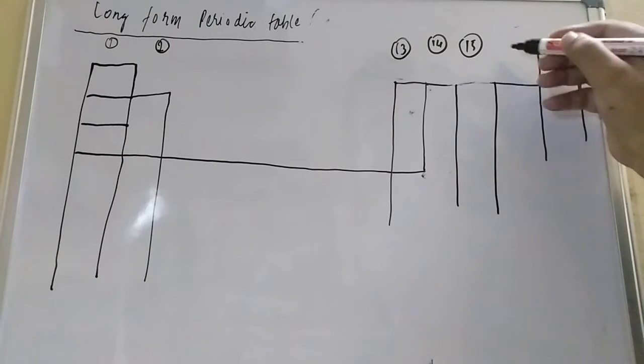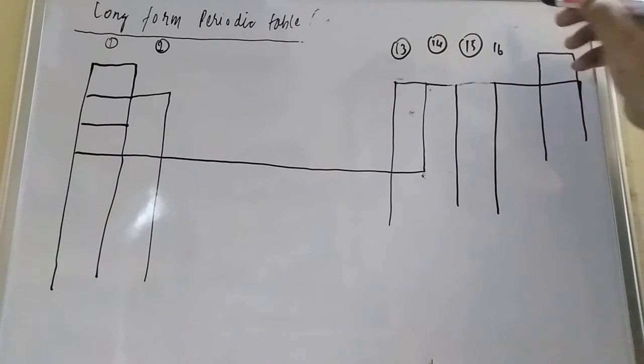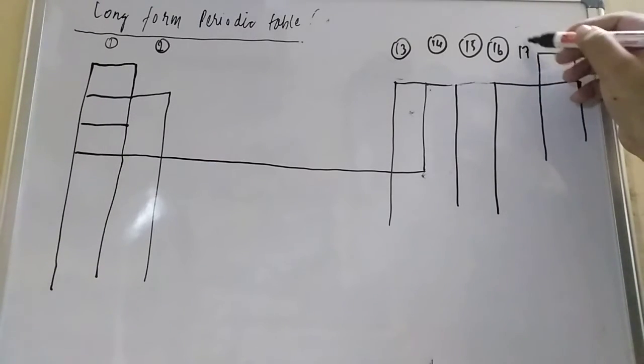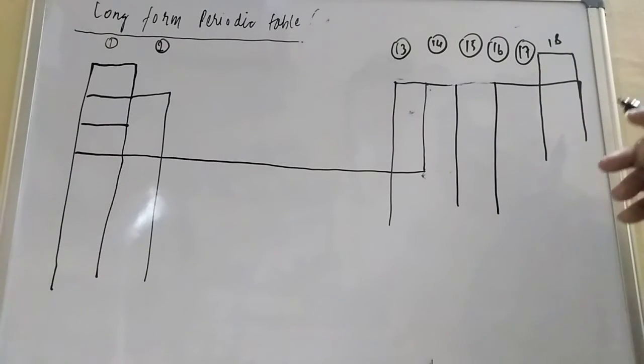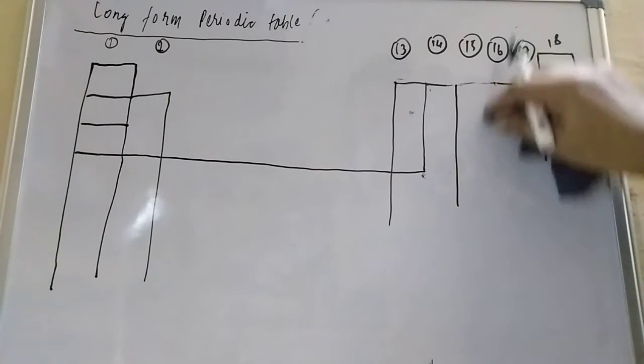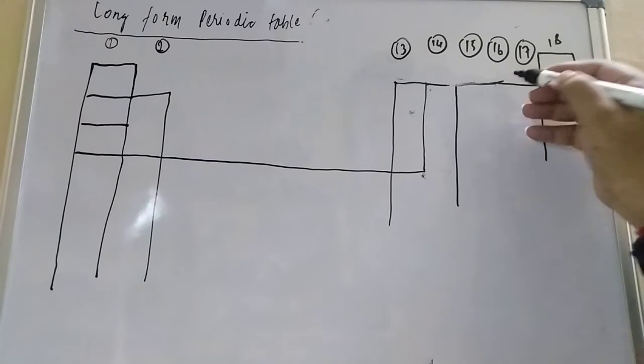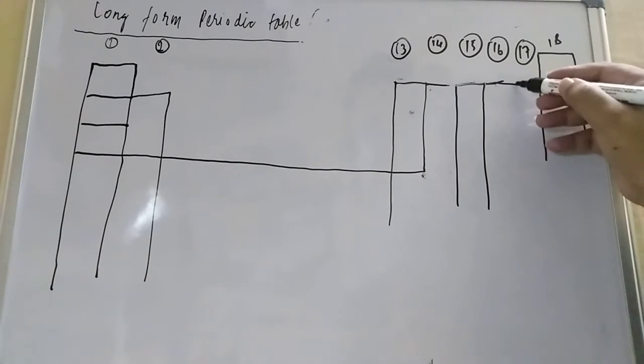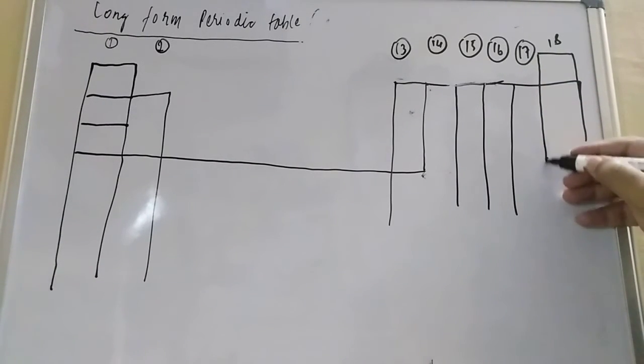The next one will be group number 16. Then 17, and finally this is 18. A little space is required, students, because with a small board it is very difficult to represent so nicely. So here is group number 15, and this is group number 17 and group number 18.